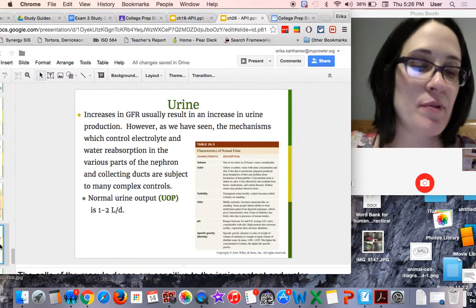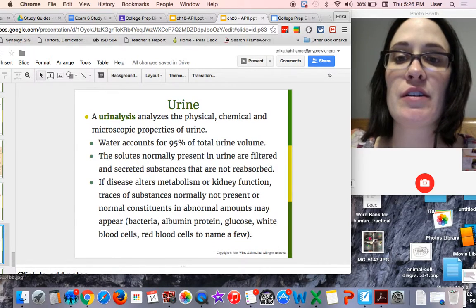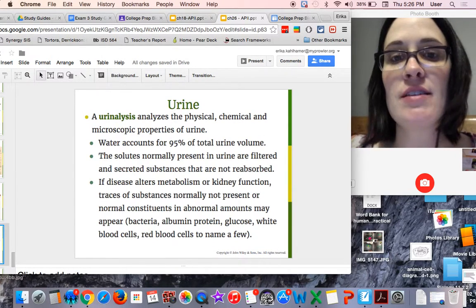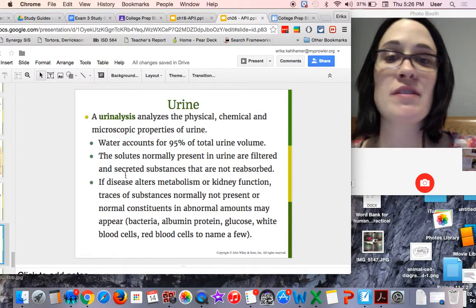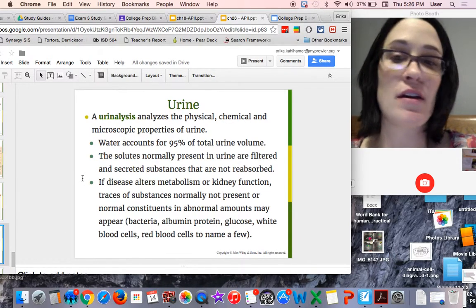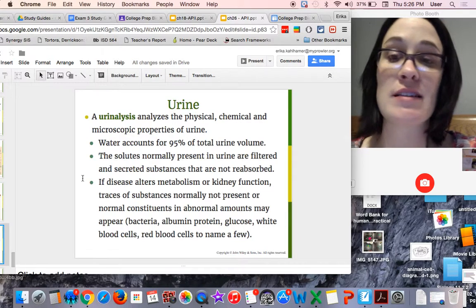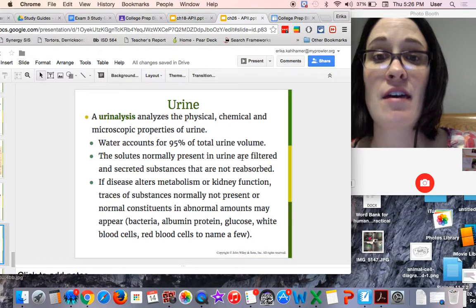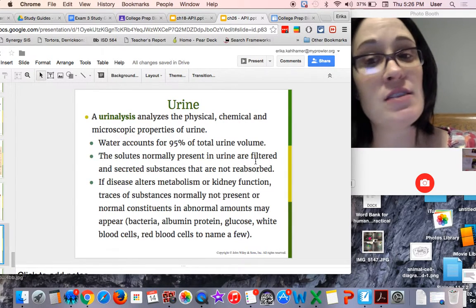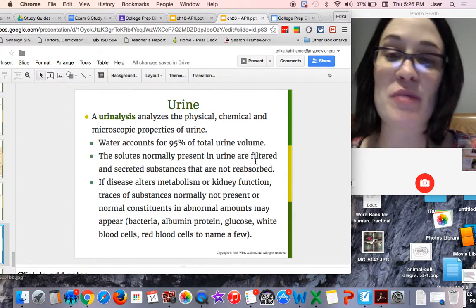Normal urine output per day is 1 to 2 liters. Urinalysis is the process of analyzing urine with physical, chemical, and microscopic properties to assess somebody's health, or as a diagnostic technique for a disease. Most of the urine volume is water.